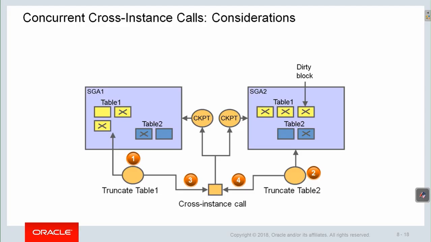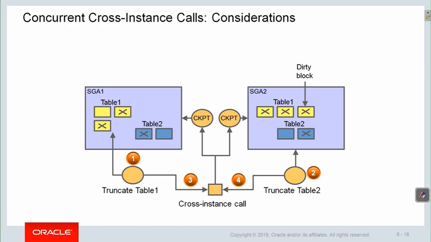So that's another consideration. What if you have a concurrent truncate and you also have a parallel query running? Meaning that I'm issuing a parallel query that requires direct I/O. I'm doing direct I/O, so I need a consistent image of data, but my dirty blocks are in memory, and you also have a concurrent truncate command.